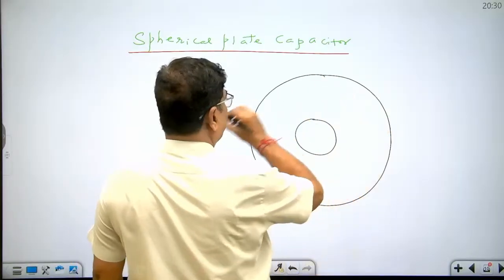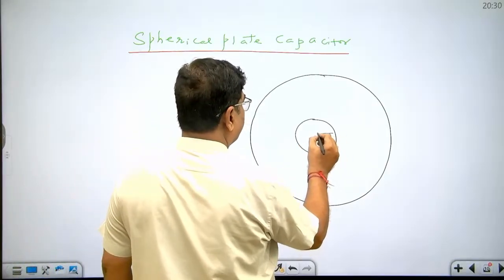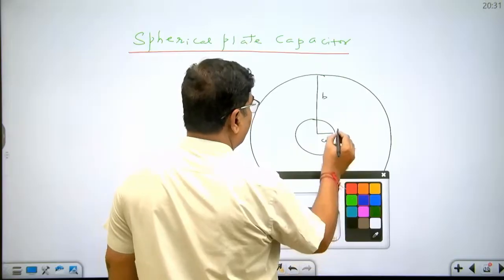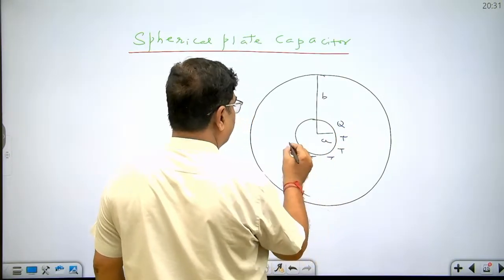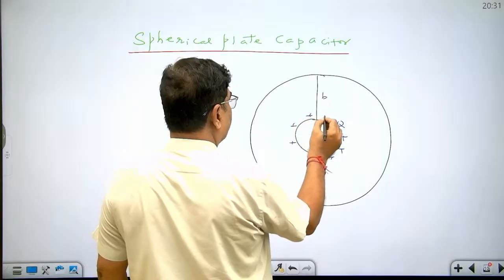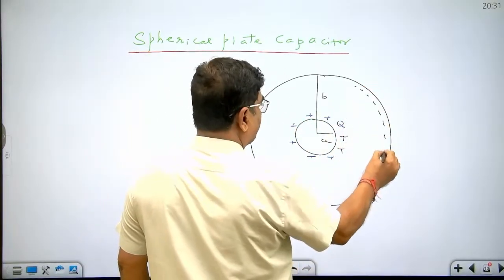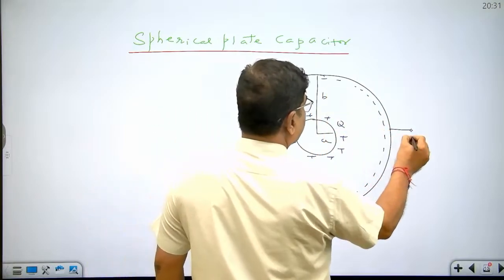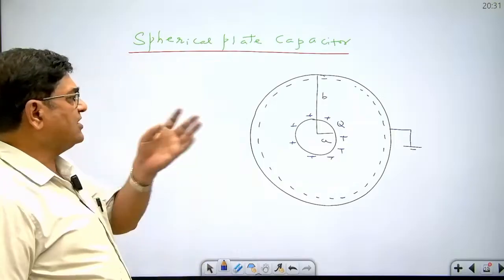These are concentric metallic shells having radius A and B respectively. Let us assume we have given charge Q. Then, due to induction, minus Q charge will come on the outer shell. Since the outer plate is earthed, the positive charge will go away and the net charge has become 0.